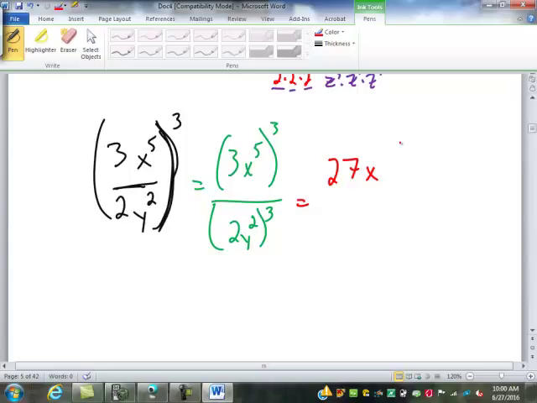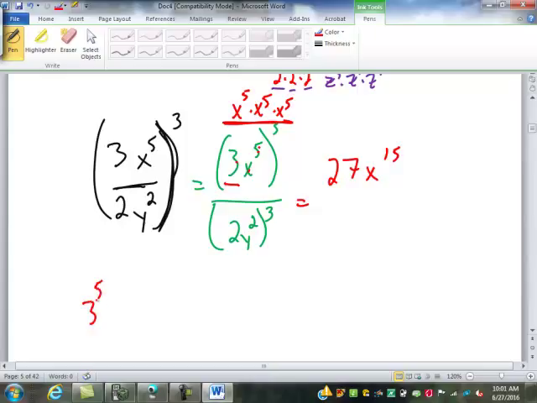X to the power of, now, when you have a variable, remember x to the fifth to the third is x to the fifth times x to the fifth times x to the fifth. That's a total of 15 x's multiplied together. So on the variable, the power is multiplied by the other power. The number still is raised to the power.